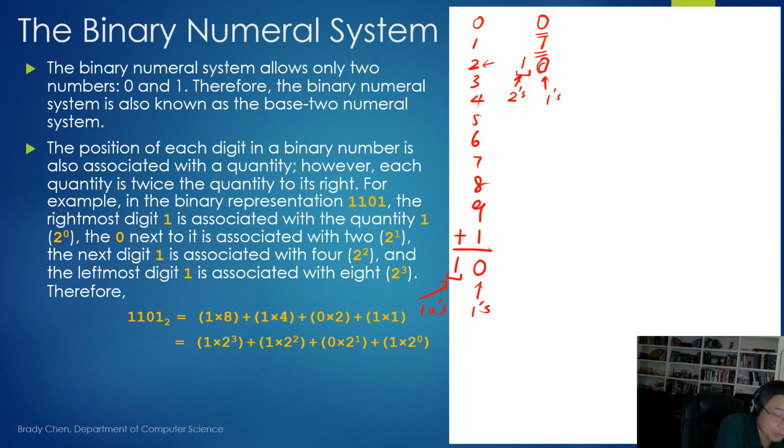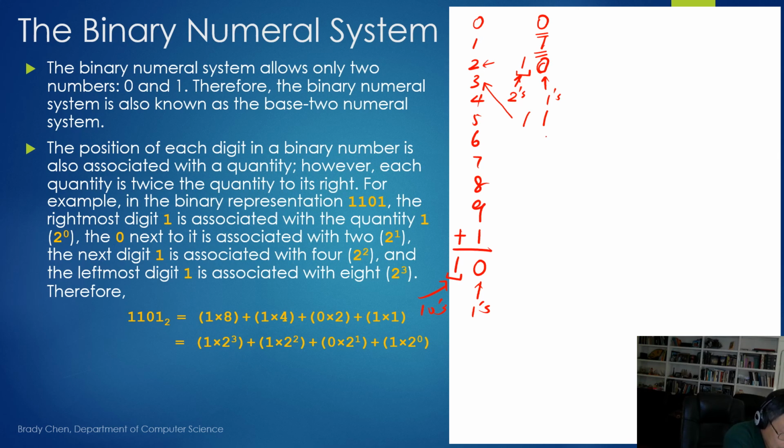Now we can continue to count, right? So 1, 0, and the next one is 1, 1. Because the 1's position is 0, we can introduce the number from 0 to 1, and that represents number 3. Now, if we want to add 1 more, we find there's a 1 in the 1's position, so we cannot introduce any new symbols.